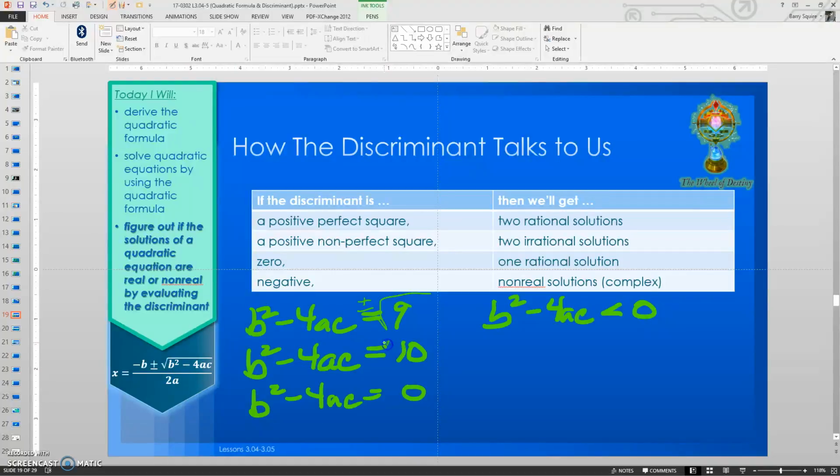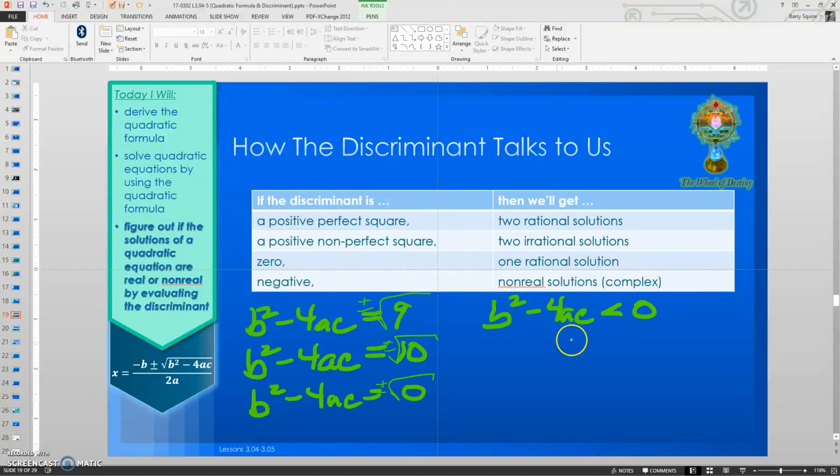If we have a non-perfect square, we're talking about plus or minus an irrational number. If we have 0 as our discriminant, we're talking about plus or minus the square root of 0, which is 0. So it's really just going to be negative b over 2a.